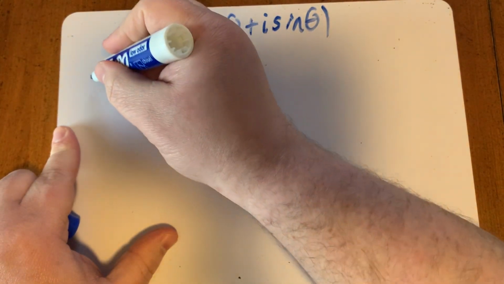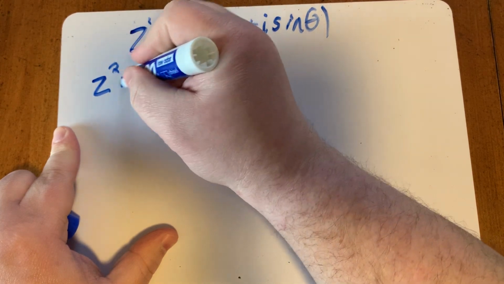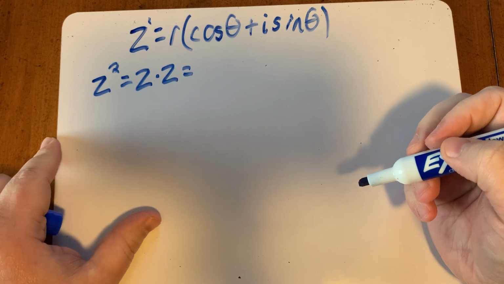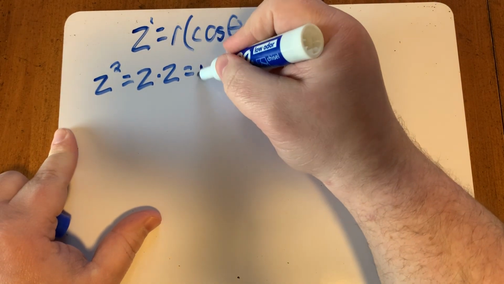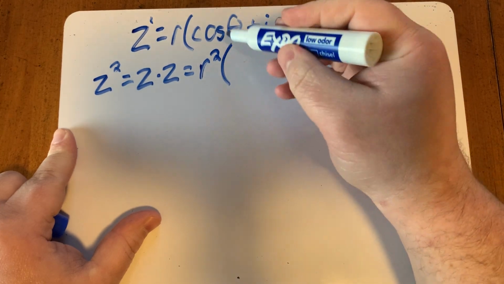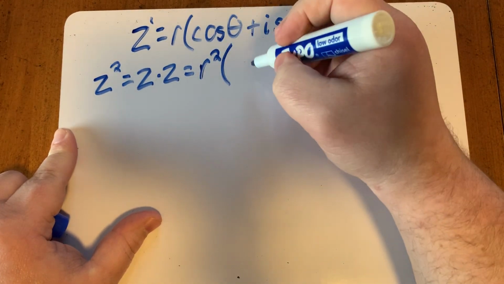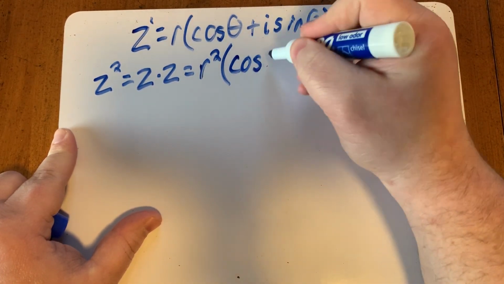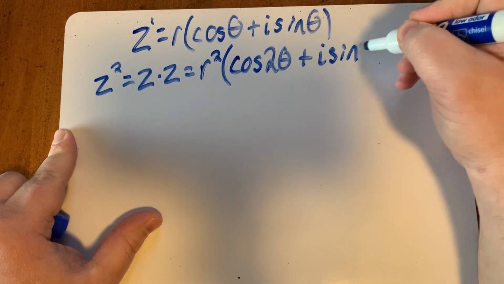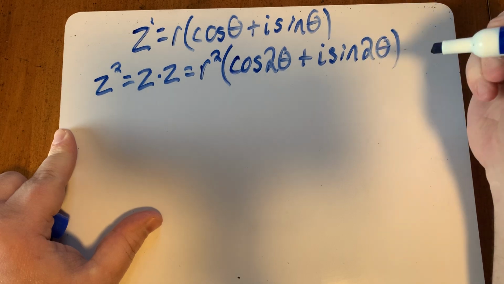If we did z to the second, that's z times z, so we would use multiplication. So we multiply the radii together, r times r is r squared, and then add the angles together, theta plus theta, so cosine 2 theta plus i sine of 2 theta.